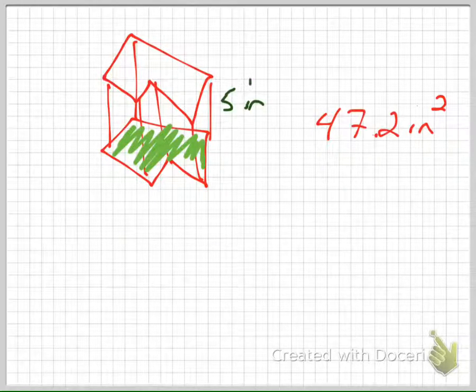What would you do, Jack? You multiply 5 times 47. Oh. You have to find the area of the base, multiply it by the height, you have your volume. Difficult? Your homework.